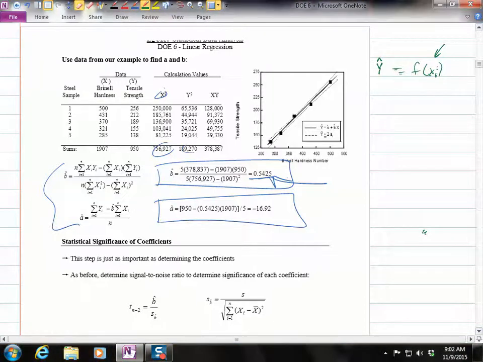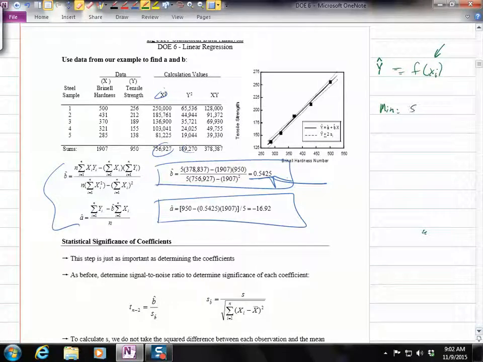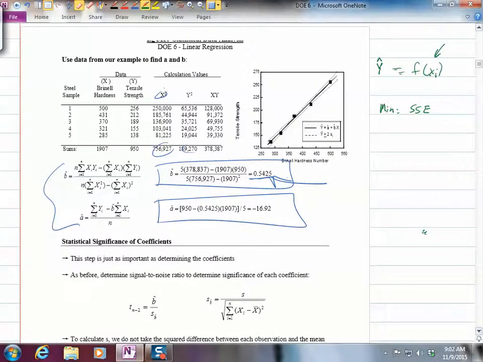How we develop the coefficients in the model is the process that we've been using: we start with the sum of the squared error, and then we think about how to minimize the sum of the squared errors, and that will give me the coefficients.